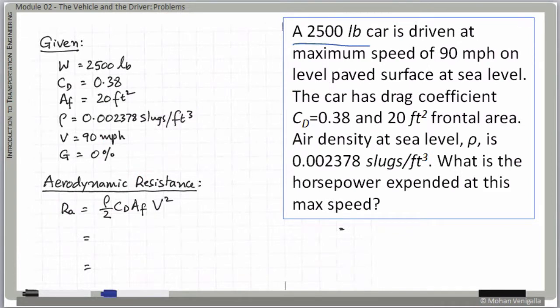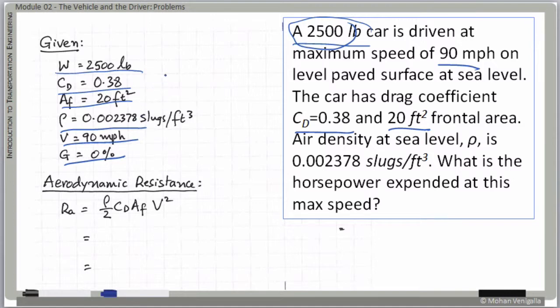So let's first take stock of what is given to us. The weight of the vehicle is 2500 pounds, drag coefficient of 0.38, frontal area 20 square feet, air density, maximum speed of 90 miles per hour, and grade of 0%.